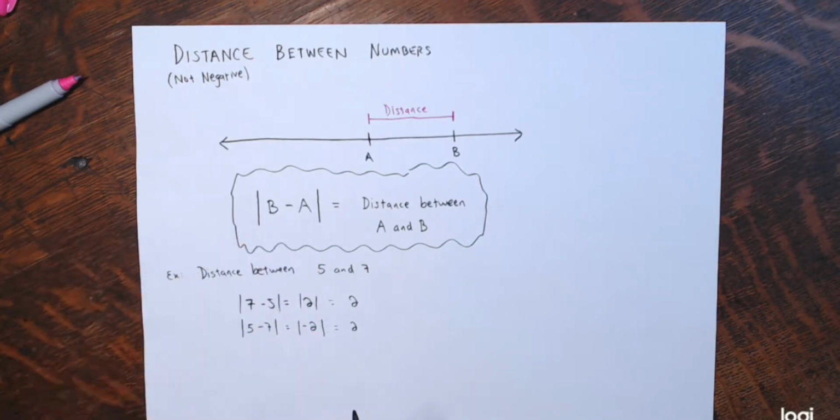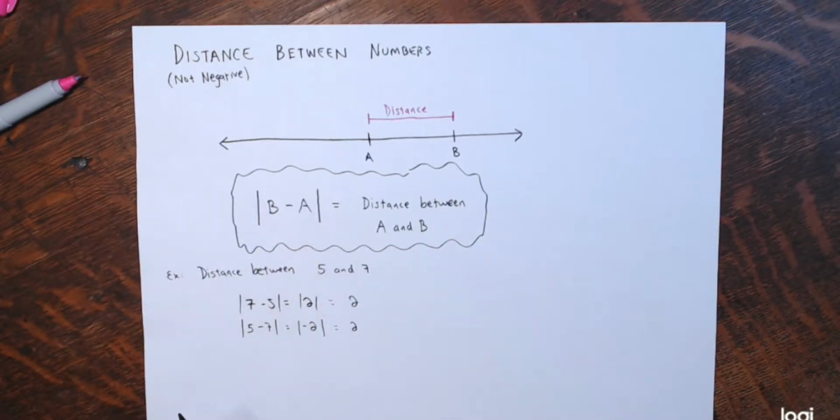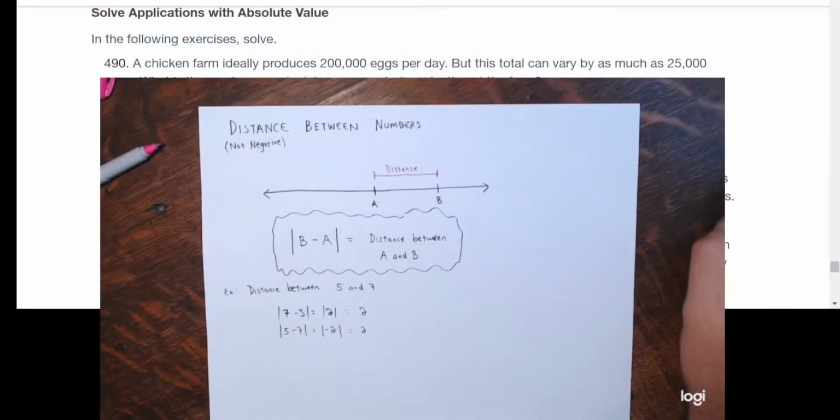So A minus B, B minus A, you're taking the absolute value. That's the distance between two numbers expressed in terms of absolute value. I hope that makes sense. Alright, so keeping this in mind, talking about the distance between numbers, let's get to the exercises.